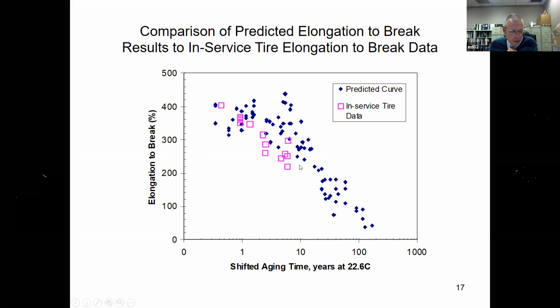You probably do need to think about duty cycle, and then sometimes you need to think about crack growth or UV exposure or ozone exposure.